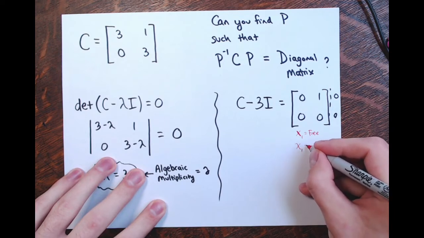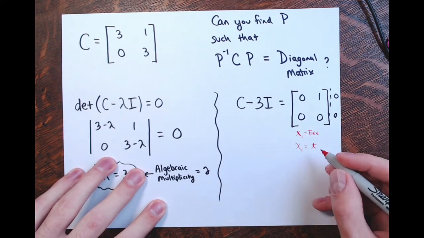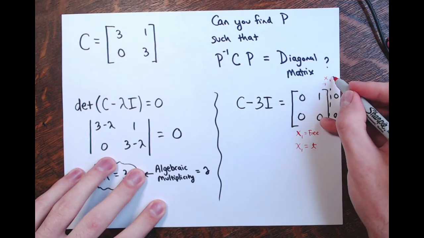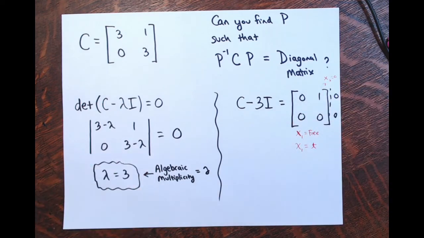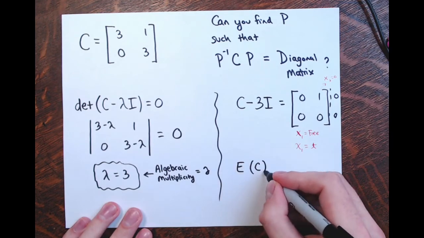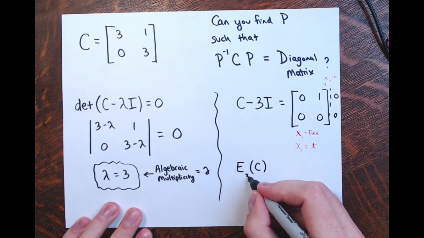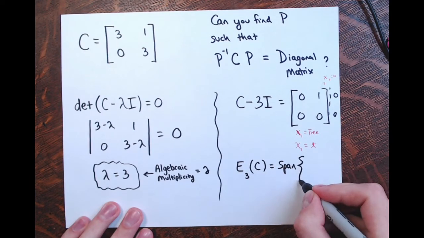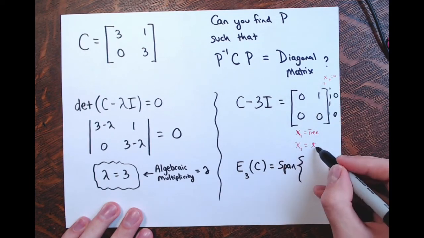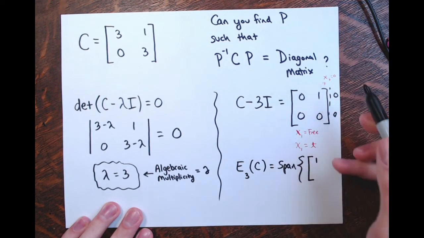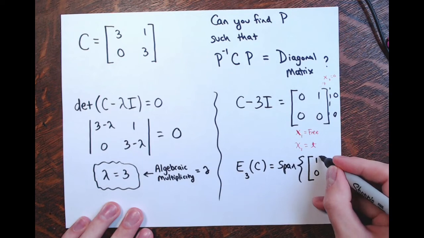So I let x1 be t, and from the first row here we're seeing that x2 has to be 0.